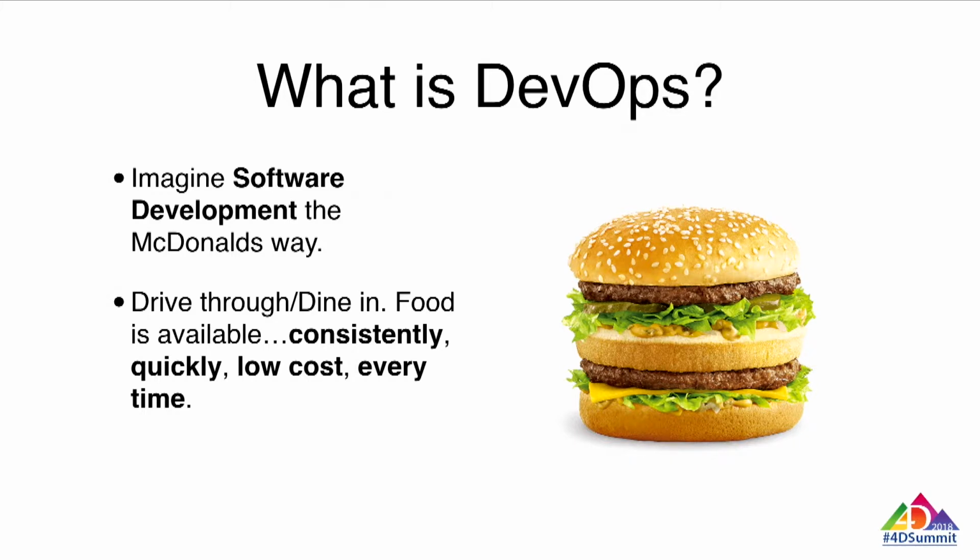So imagine DevOps in layman's terms, or in food, in McDonald's way, right? Everywhere you go to McDonald's, there is consistent food available on time, drive-through, dining in, whatever, because they defined that process. This is how we're going to work. This is how everybody knows. How many times have you heard, well, we haven't got staff today, we're closed?